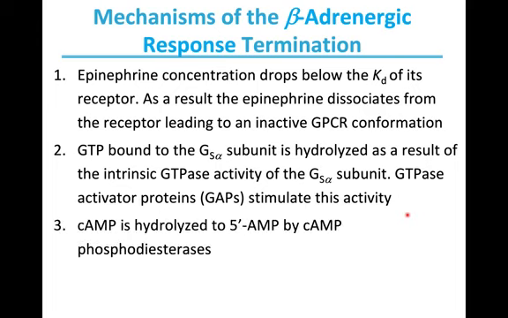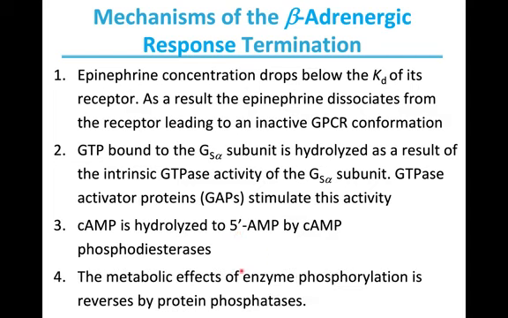This is the second mechanism. The third mechanism involves the hydrolysis of cyclic adenosine monophosphate to 5' adenosine monophosphate by the cyclic AMP phosphodiesterases. Remember, these proteins can convert the cyclic compound to an acyclic compound. And this results in the dampening of cAMP signaling.